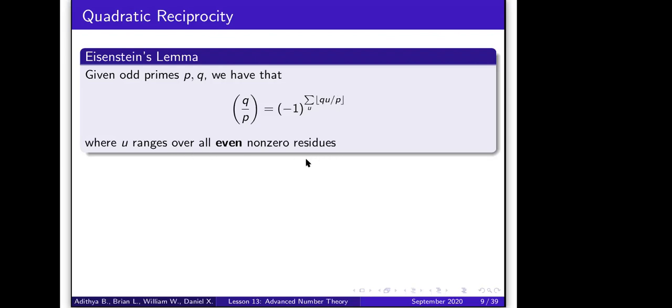So u can be 2, 4, 6, 8, all the way to p-1. Does anybody have any ideas on how to prove this?